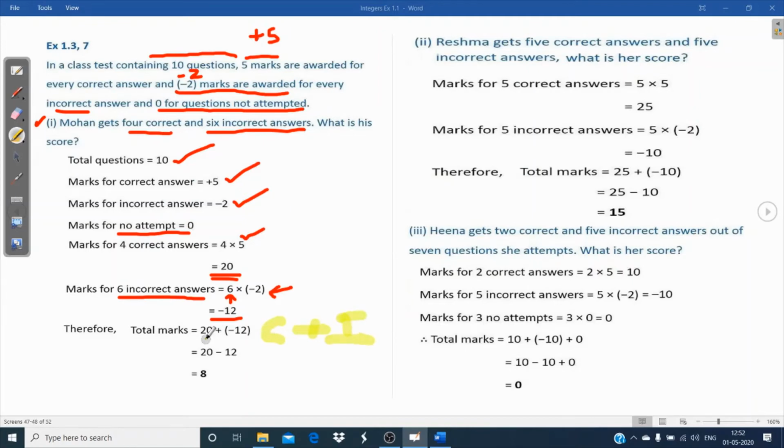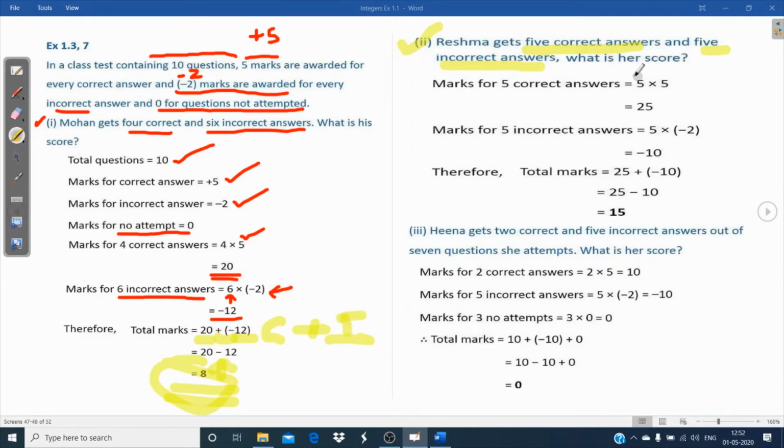The correct score is 20 and incorrect is minus 12. So again you have to add these two, and plus minus will become minus. So 20 minus 12, what will you get? 8. So final answer is 8. Now in the next part, Reshma gets 5 correct answers and 5 incorrect answers. What is her score?